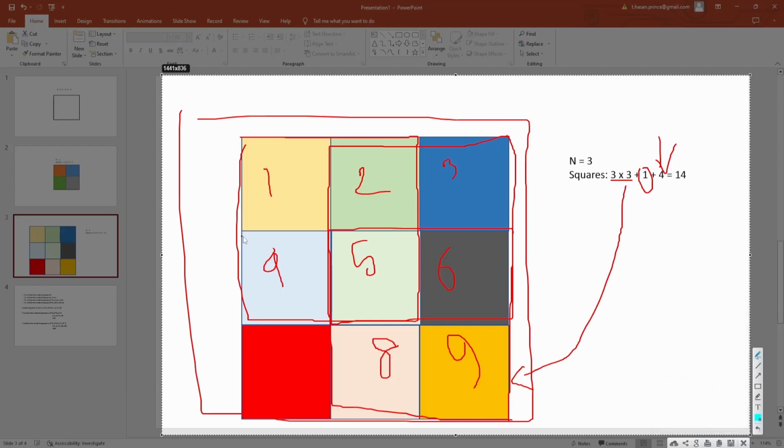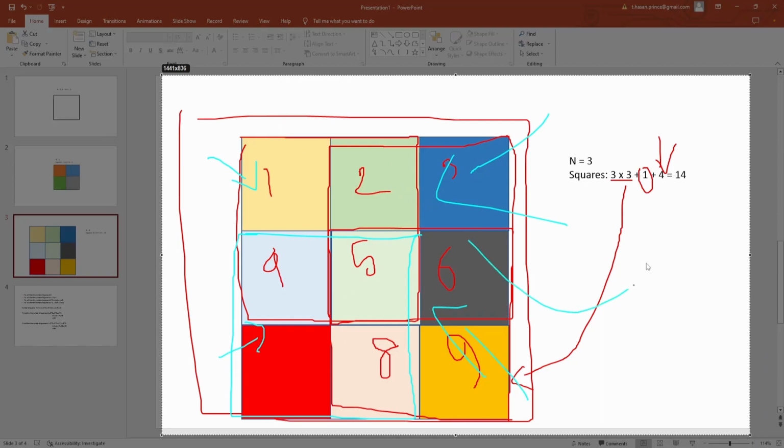Okay. So here there are also 4 squares. 1, 2, 3, and 4. We have 4 squares here as well. So this is where the 4 is coming from. So when n is equal to 3, we have 14 squares.